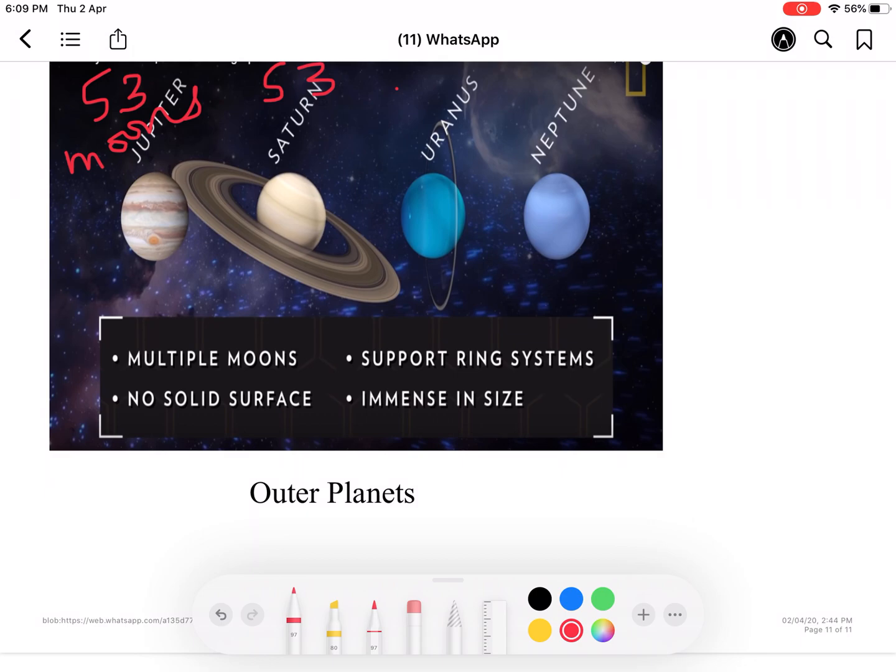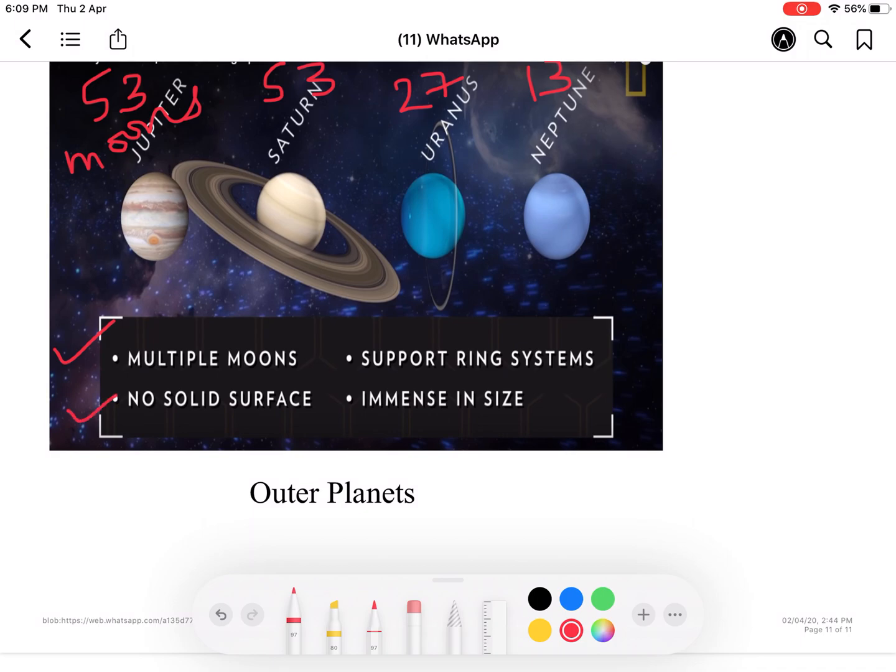Uranus has 27 and Neptune has 13 moons. Whereas in the inner planets only Earth and Mars have moons, that is 1 and 2, here Jupiter has 53, Saturn 53, Uranus 27, and Neptune 13. So, the first feature of the outer planets is that they have multiple moons.